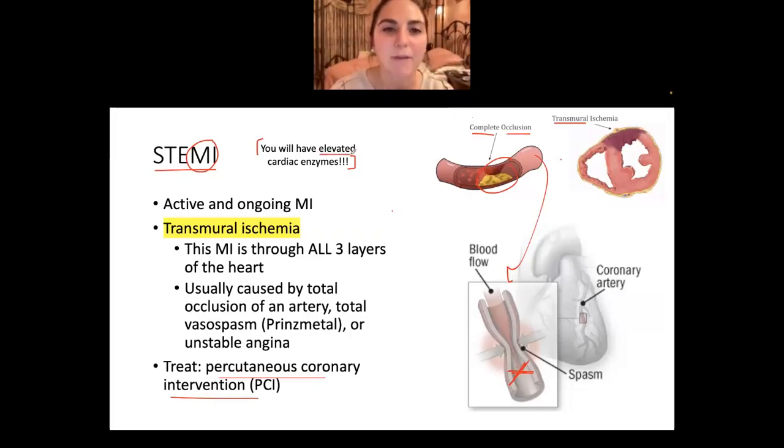A lot of the time you can't really differentiate between NSTEMIs and unstable angina, and that's one of the ways they'll help you differentiate. They'll give you either there's elevated cardiac enzymes or there's not. So troponins will be elevated, CK-MB will be elevated, AST, LDH, things like that will be elevated in a true MI.